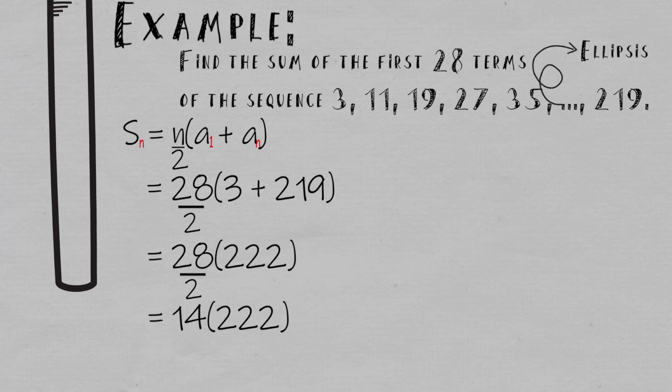So that would be 28 divided by 2, that will be equal to 14. So now we have 14 times 222, and that would be 3,108. So now we have the sum of our first 28 terms of our given arithmetic sequence, and that would be 3,108.